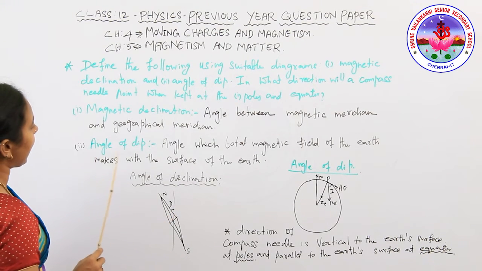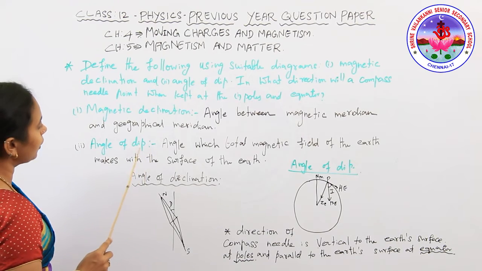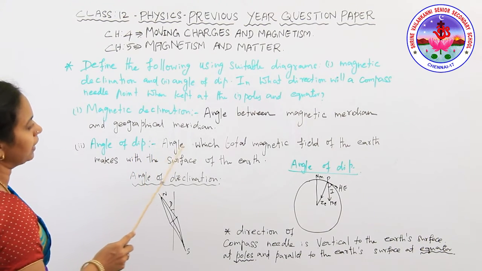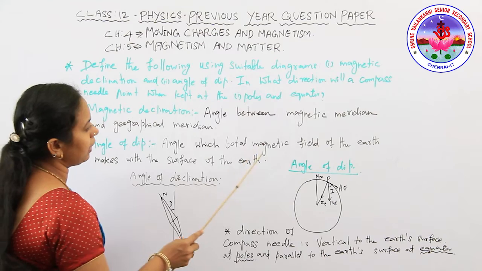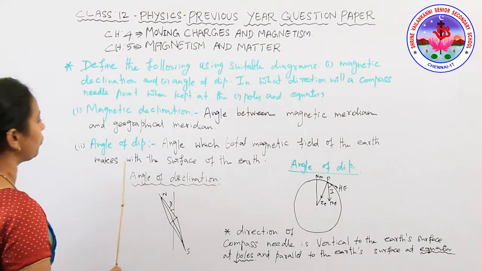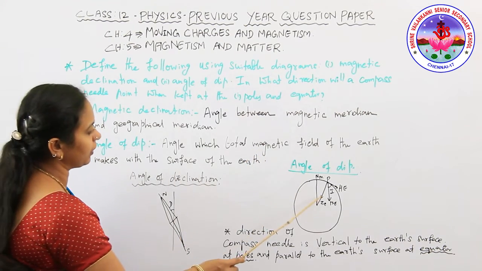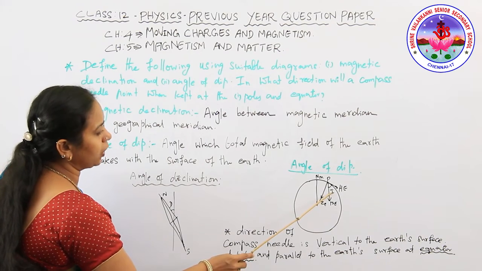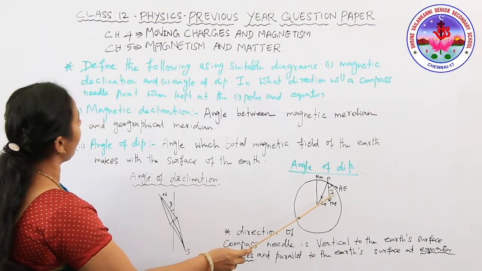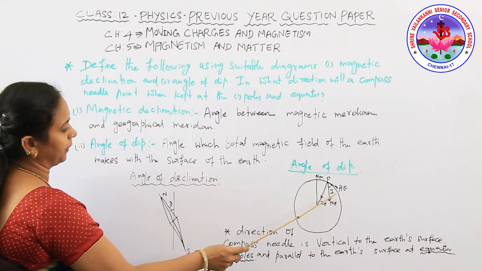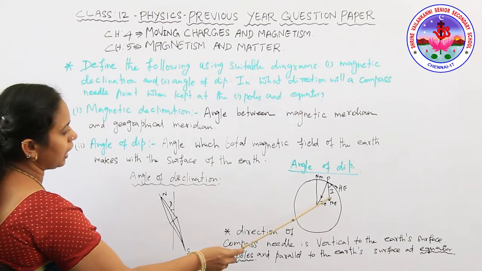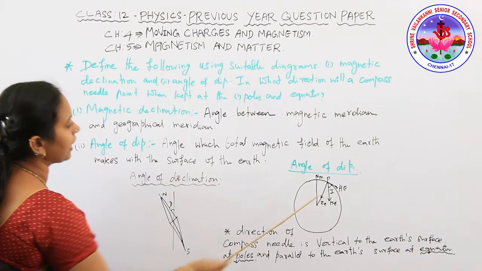So next one is angle of dip. Angle of dip says that the angle between the total magnetic field of the earth and the surface of the earth. We can say that this is the angle of inclination, or we can say angle of dip. So this is the total magnetic field BE with the horizontal component.